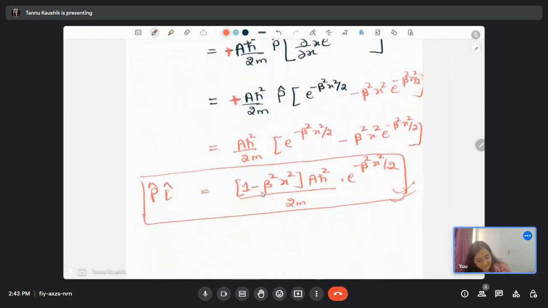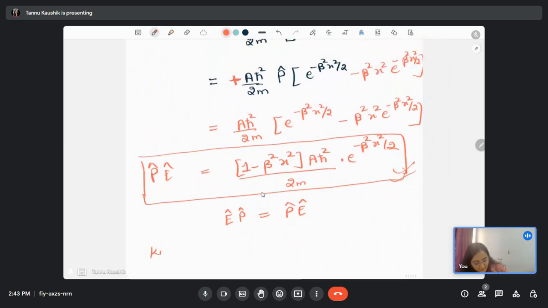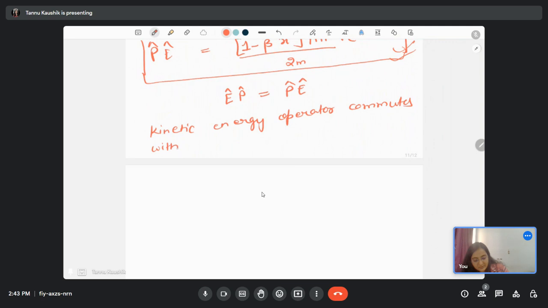So we can see we are getting same results from both of these, that is, the kinetic energy operator commuting with parity operator.